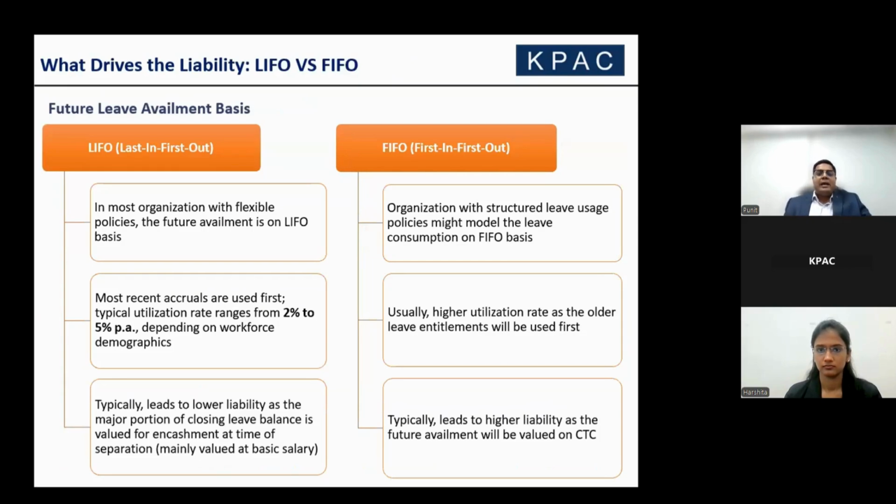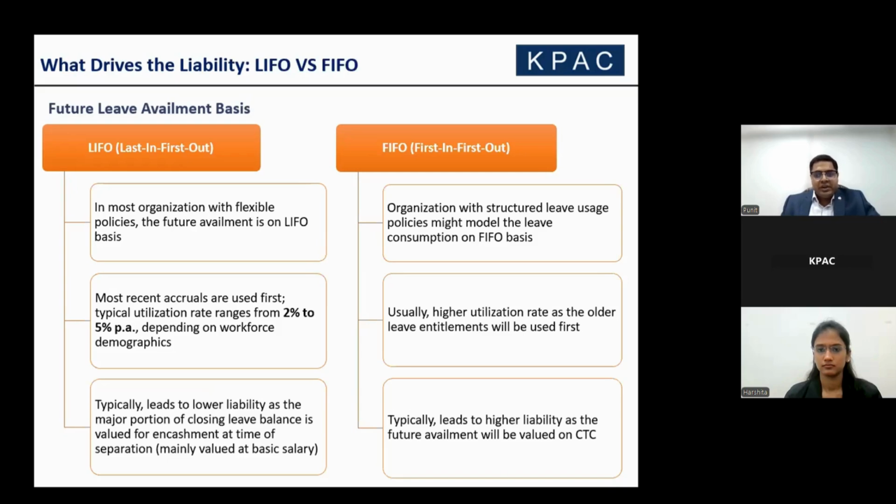Now, let's elaborate on the LIFO versus FIFO assumptions, as these assumptions can significantly impact the valuations. LIFO, last in first out basis, as I mentioned in the last slide, in most organizations with flexible leave policy, future availments are often modeled on a LIFO basis.